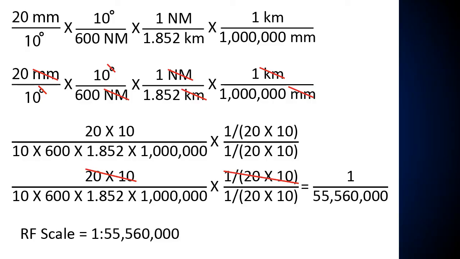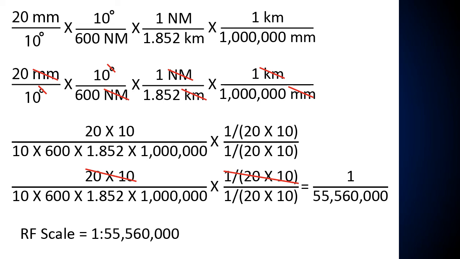Here is an example where we begin with our map distance to real-world distance ratio as 20 millimeters to 10 degrees. We then use some conversion factors to get the units in the numerator and the denominator to cancel out. Recall that 10 degrees of latitude is equal to 600 nautical miles. 1 nautical mile is equal to 1.852 kilometers, and 1 kilometer is equal to 1 million millimeters.